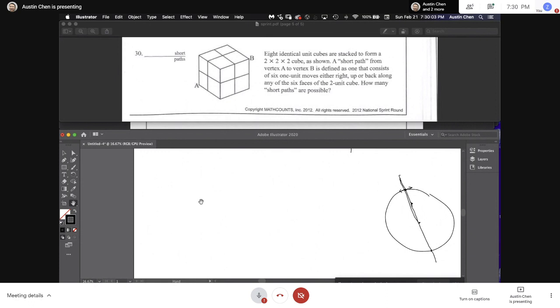Let's define an axis system just to talk about this better, instead of right, up, back, because that's going to be confusing.